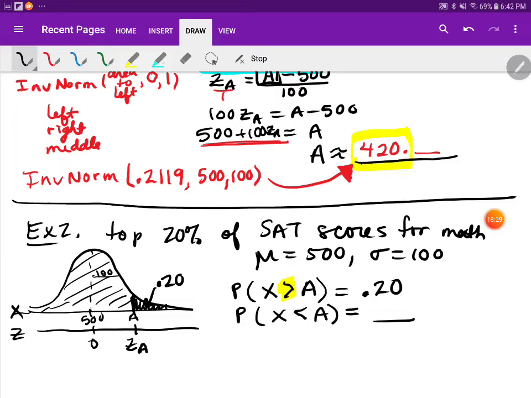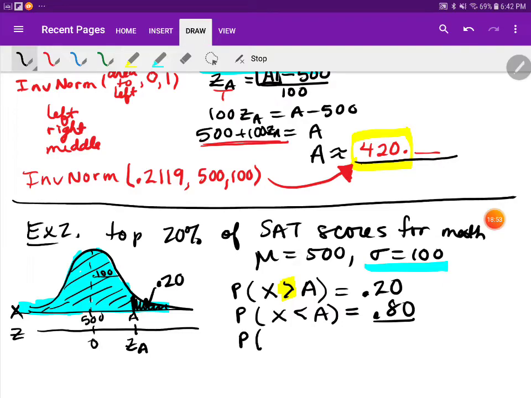Well, think about what the total area of the whole blue part is supposed to be. So the whole area was supposed to be 100% or 1. That doesn't have to do with the 100 of the sigma. Okay, so this would be 0.80, the rest of it.